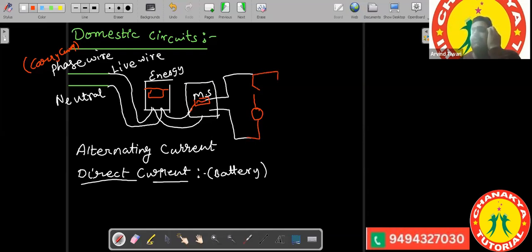Then you can have another switch, the next device, and it is also connected like this. In this way, any number of devices can be connected in parallel. So at your home, all the connections are made in parallel. They are not in series.